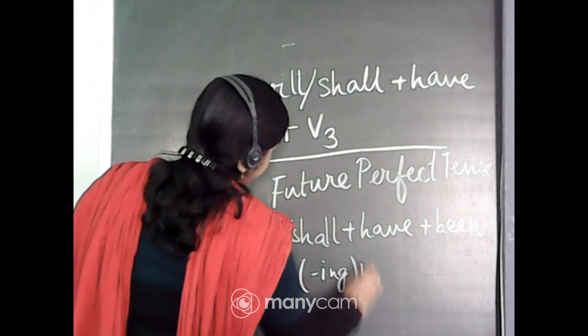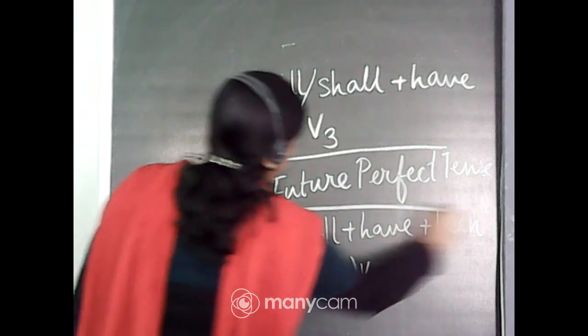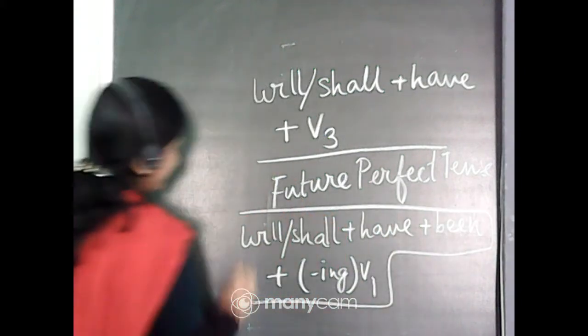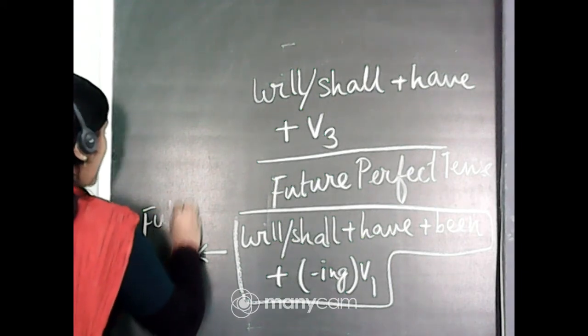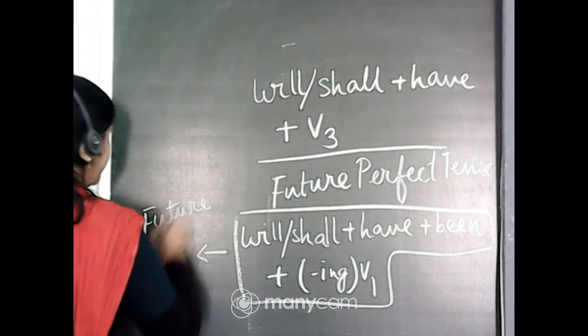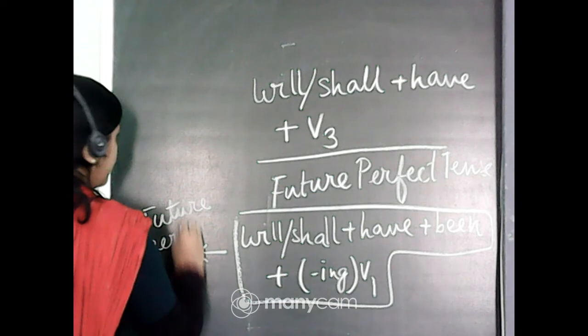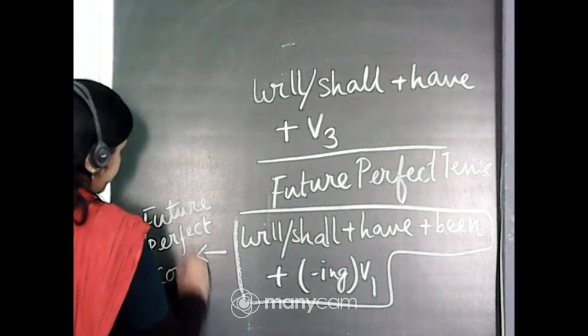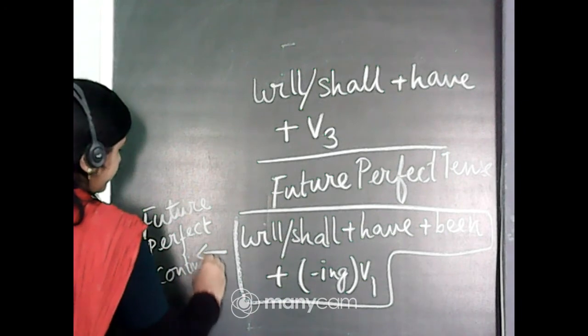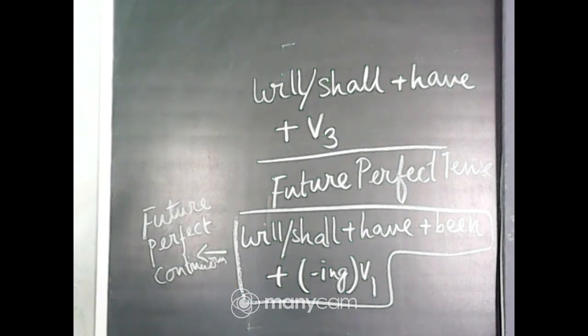This form doesn't have any passive voice. We rarely use the future perfect continuous in our conversation. Unless it is absolutely necessary, we make do with the future continuous tense.